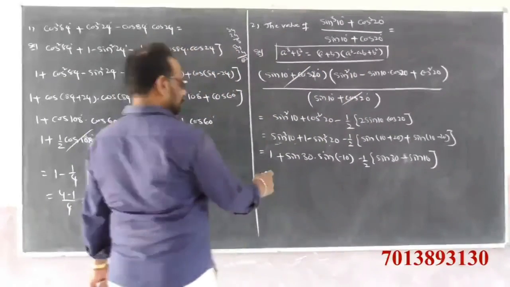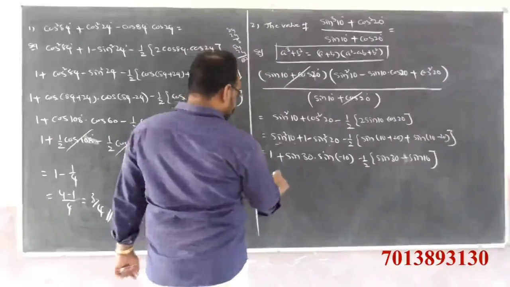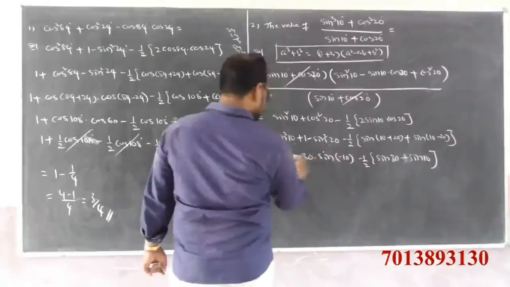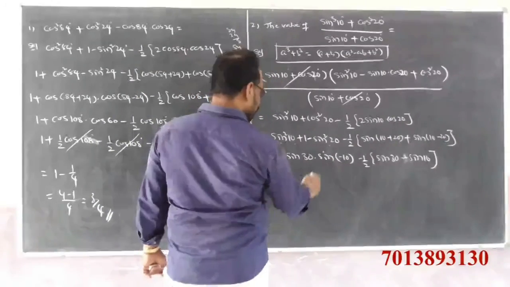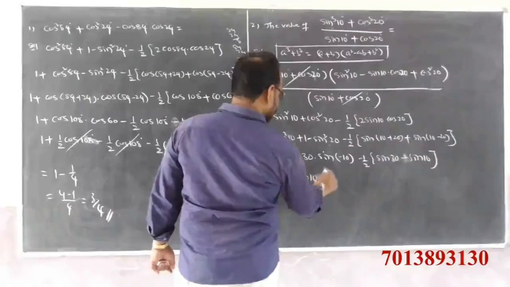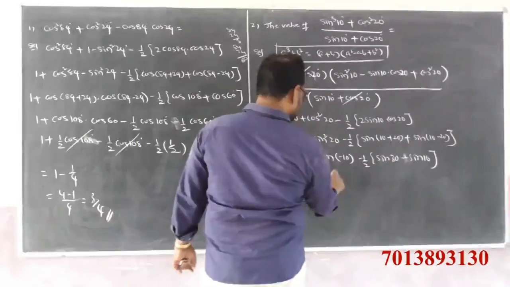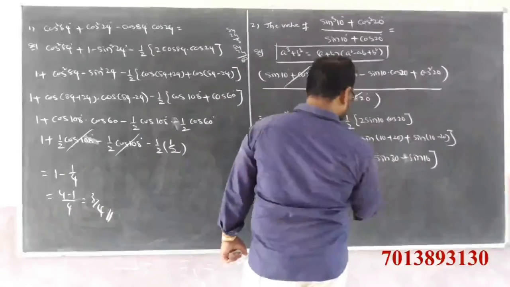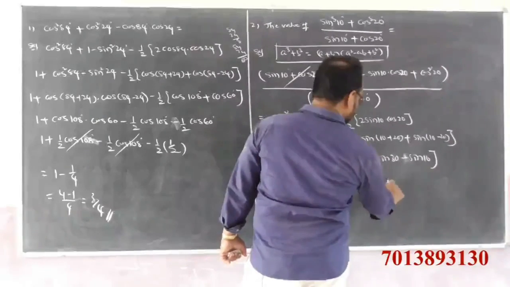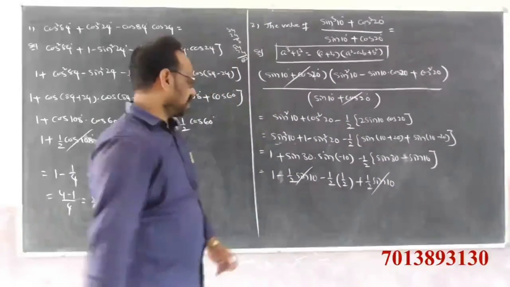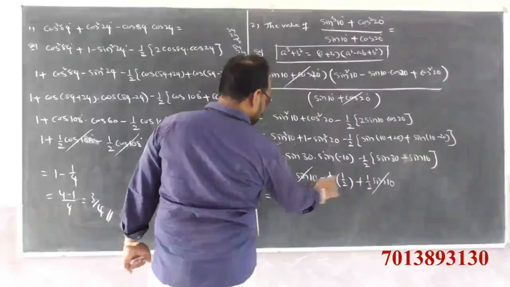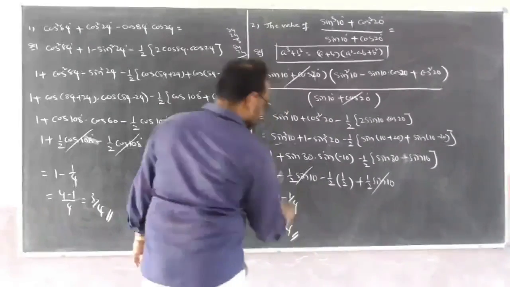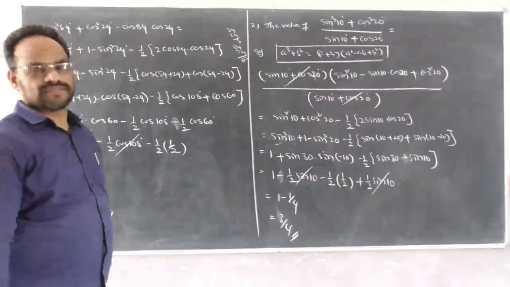That is equal to 1 plus sin 30 value, 1 by 2, so minus 1 by 2 into sin 10 and minus 1 by 2 into sin 30 value, again 1 by 2. The sin 10 and minus sin 10 get cancelled. So here it will be 1 minus 1 by 4, that is equal to 3 by 4. 4 minus 1, how much? 3. This is the next one.